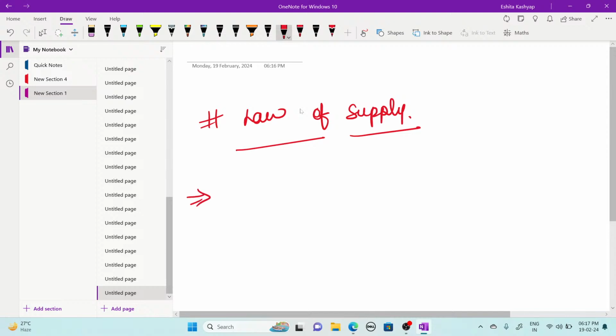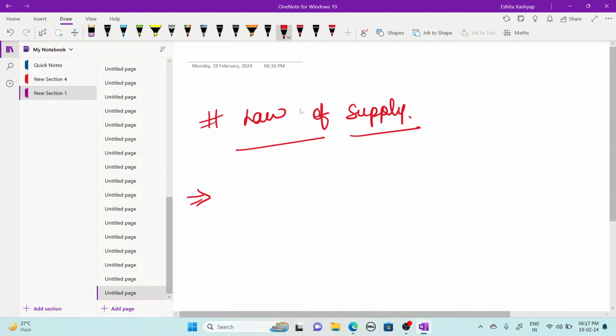As we all know, we have talked earlier about the law of demand. The law of demand just tells the relationship between price and quantity demanded.